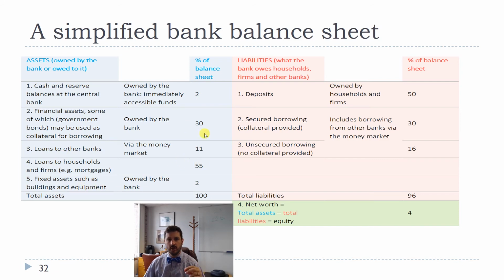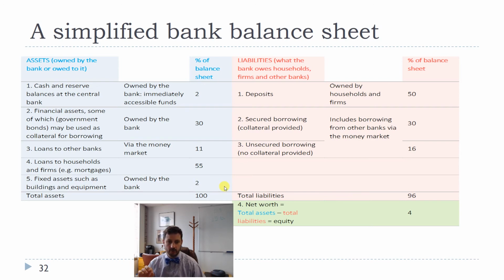So this is an example. It shows you that the financial assets here, the loans and really government bonds are just loans too, make up almost all of their assets. In this case, 96%. Their cash and reserves are only 2%, and their fixed assets are only 2%.